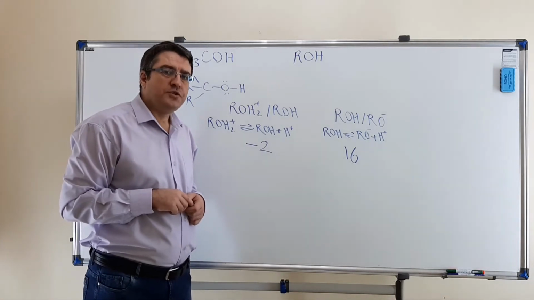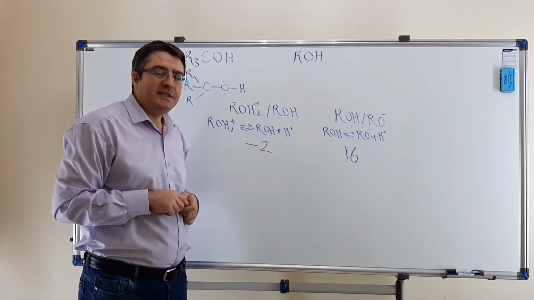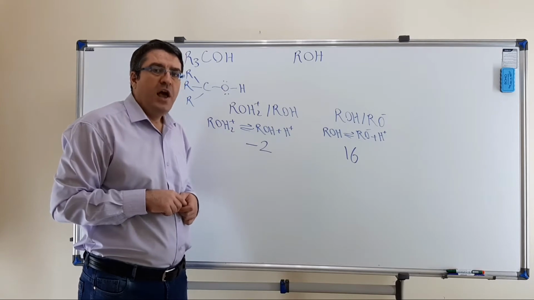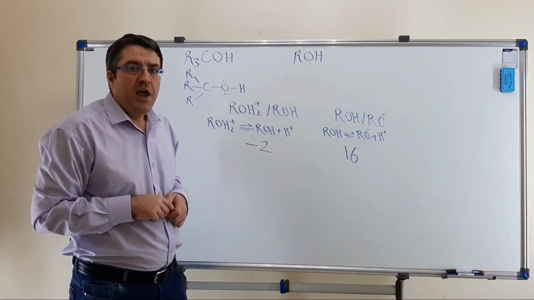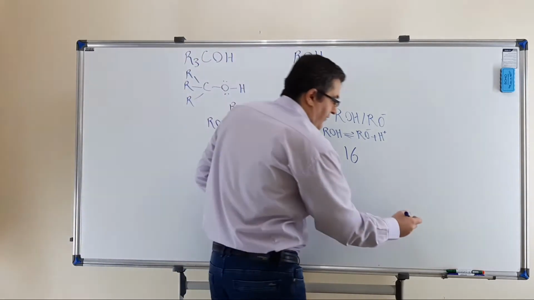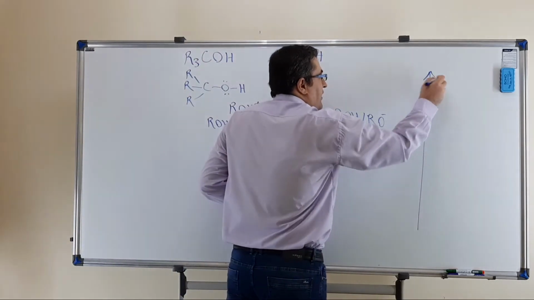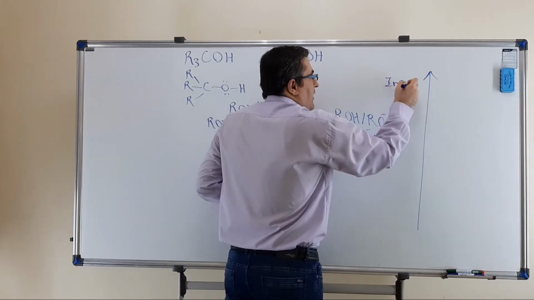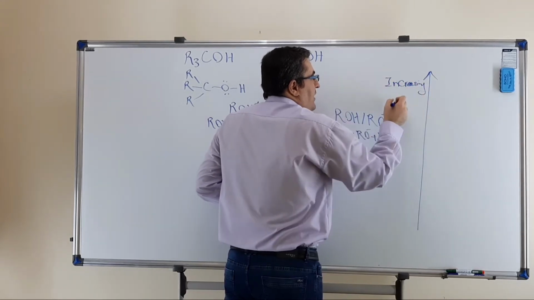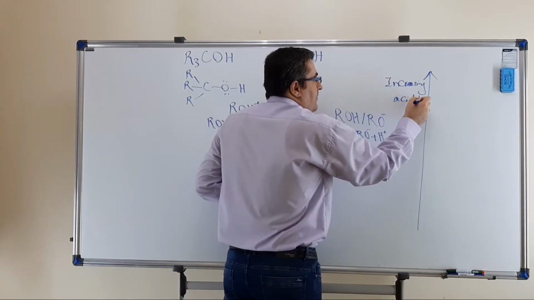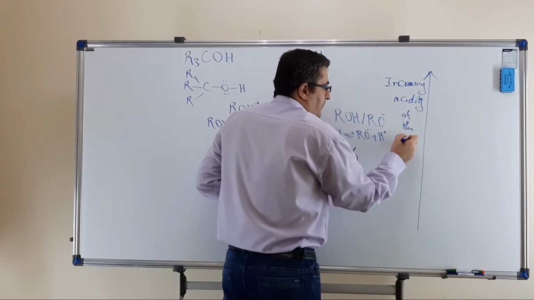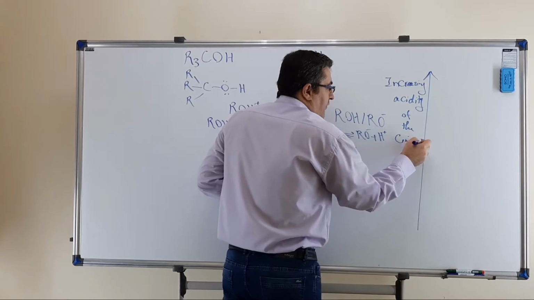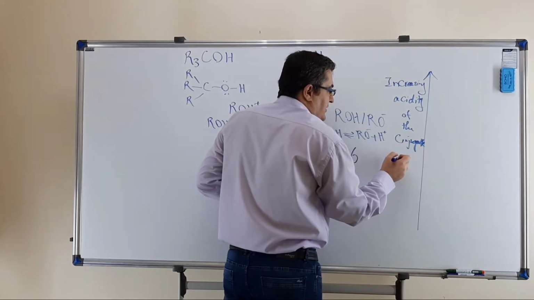It is very useful to compare acidities or basicities of alcohols with water. In aqueous solutions, we can consider this graph. Here, acidity increases from bottom to top, or the value of pKa decreases.